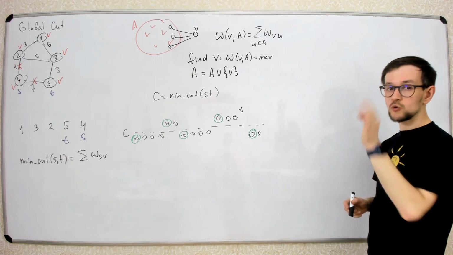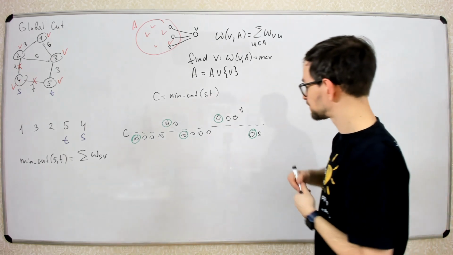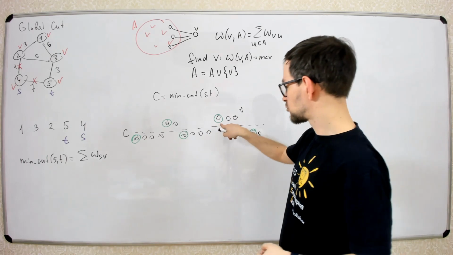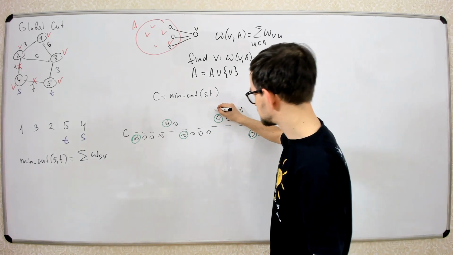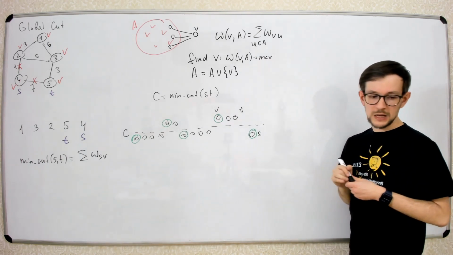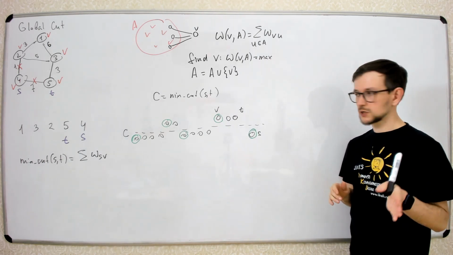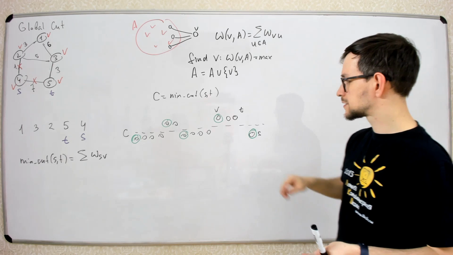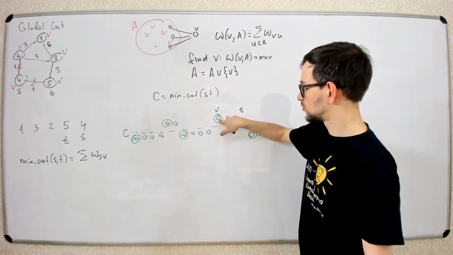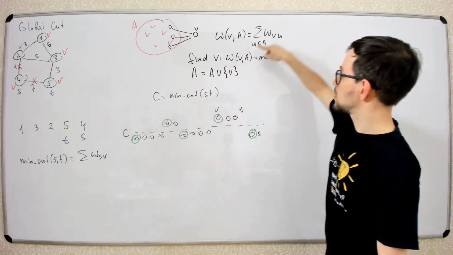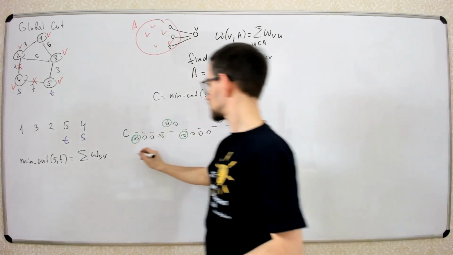Now, I will prove the simple theorem. Let's pick some interesting node here, node V. Let's look at two values. The first value is the sum of all weights from node V to all previous nodes, like the same weight as here.